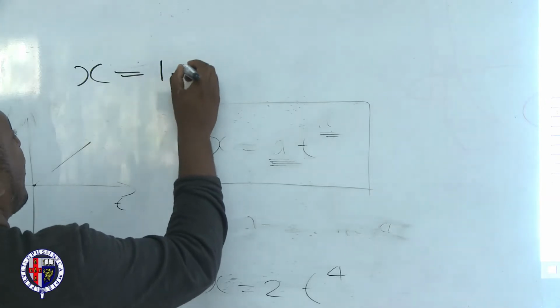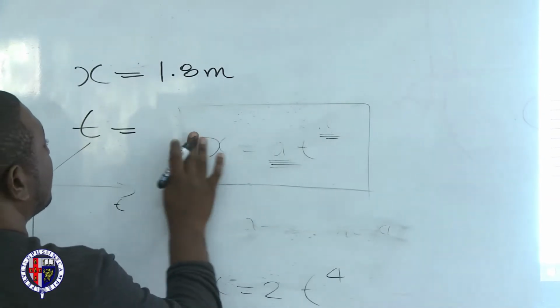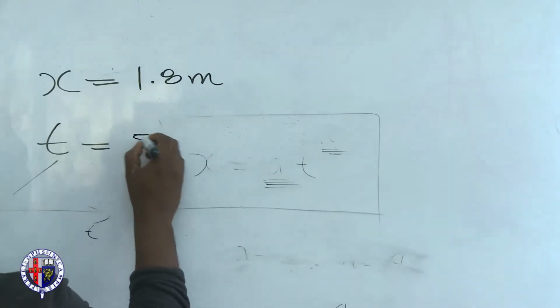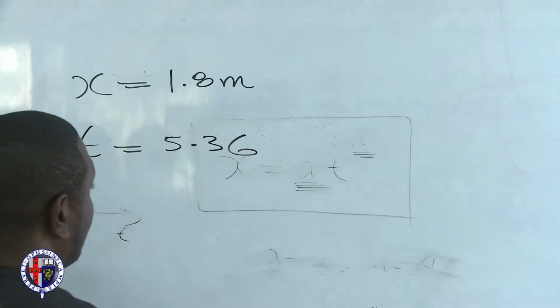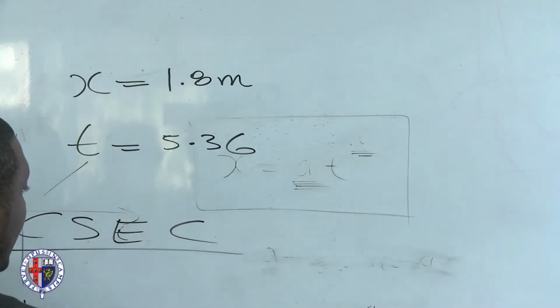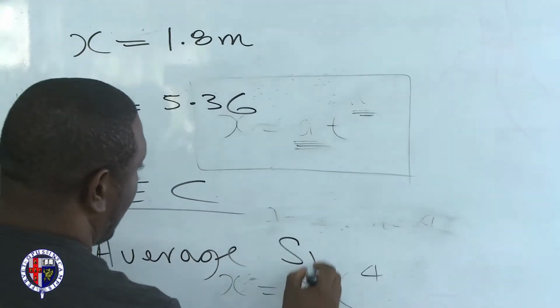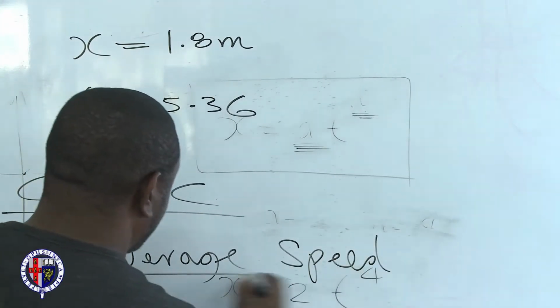So it went 1.8 meters in a time frame of how many seconds? 5.36. No problem. So at the CSEC level, we can ask them to calculate the average speed.